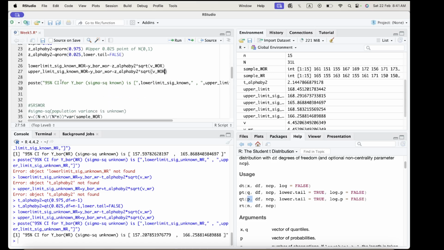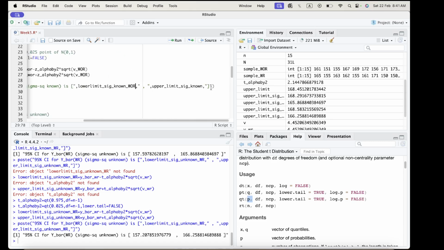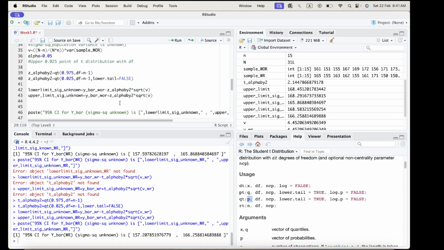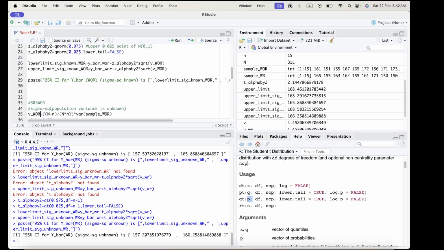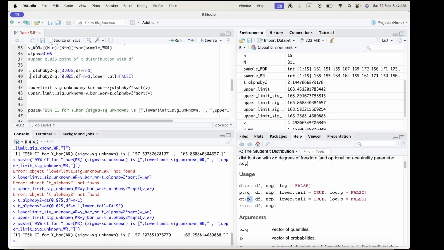Y bar, this is WOR, sigma square known, this would be WOR, and this would also be WOR. Then I have variance unknown, so here also it should be VWOR, and here instead of Z I should have T because it's sampling from a t n-1 distribution.